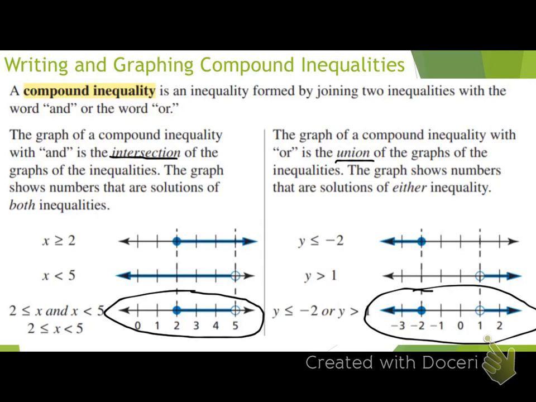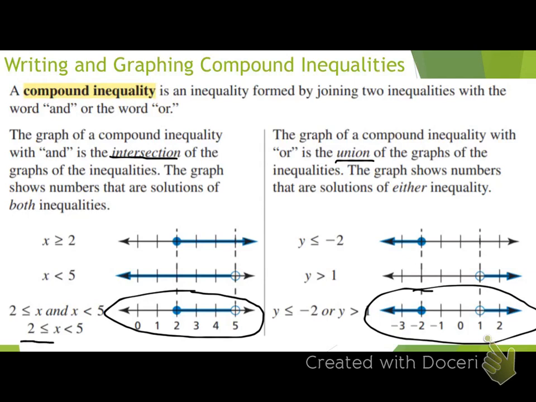One thing I need to mention real quick. For our and compound inequalities, there's 2 ways to see them. You'll see them multiple ways on your assignment. You can see it with the 2 inequalities written with the word and between them. You may see it written like this as well, with the variable in the middle of your inequalities.